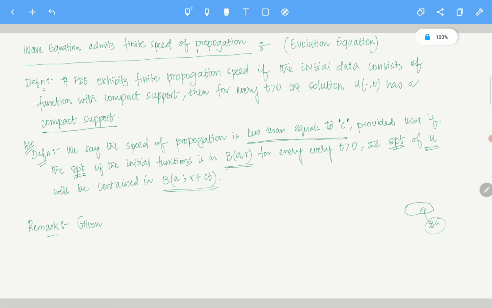The heat equation has infinite speed of propagation. So it propagates for all time t. Once you have a positive number somewhere, you can't contain it in some cone. It will go on and on and on. Infinite speed of propagation, whereas the wave equation has finite speed of propagation.